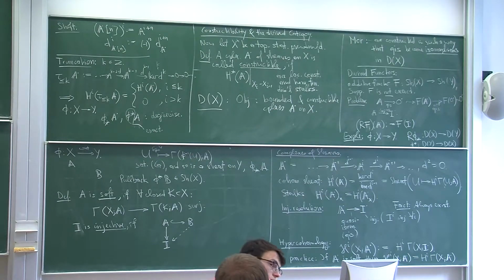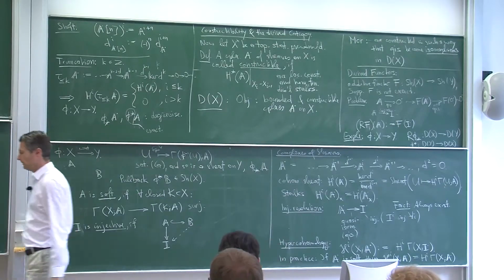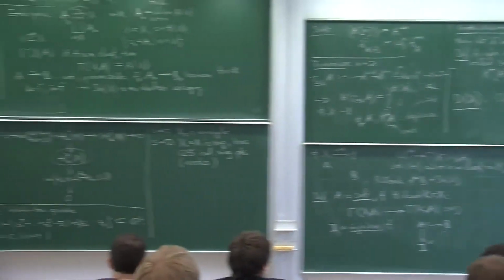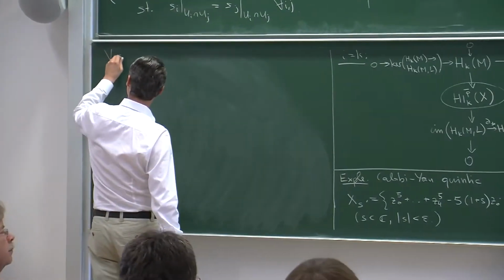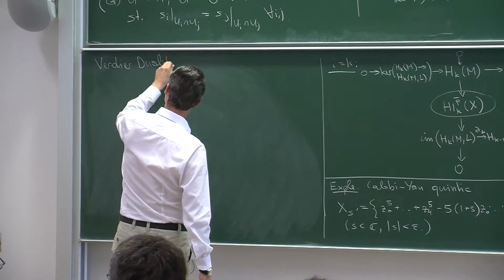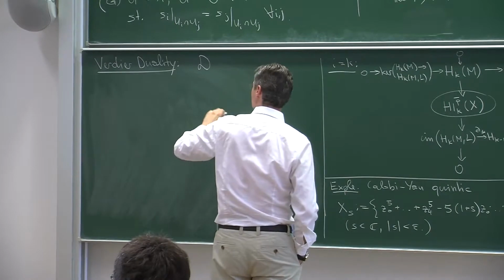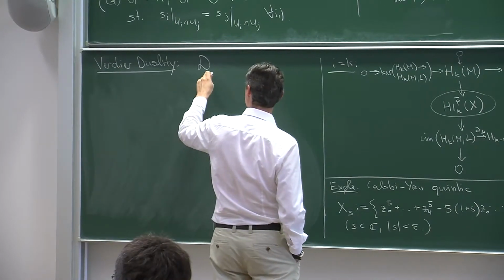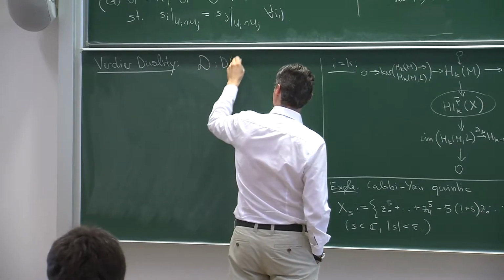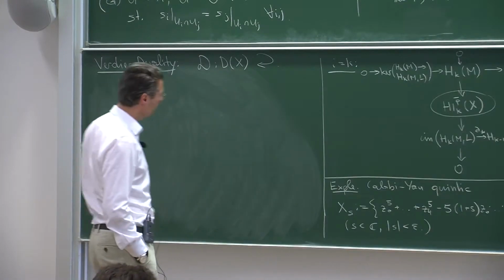So I need one last concept before we can then again talk about intersection homology. And this concept is the concept of Verdier duality. So this is a functor, the Verdier duality functor, I'll write it as script D, defined on the derived category to itself.